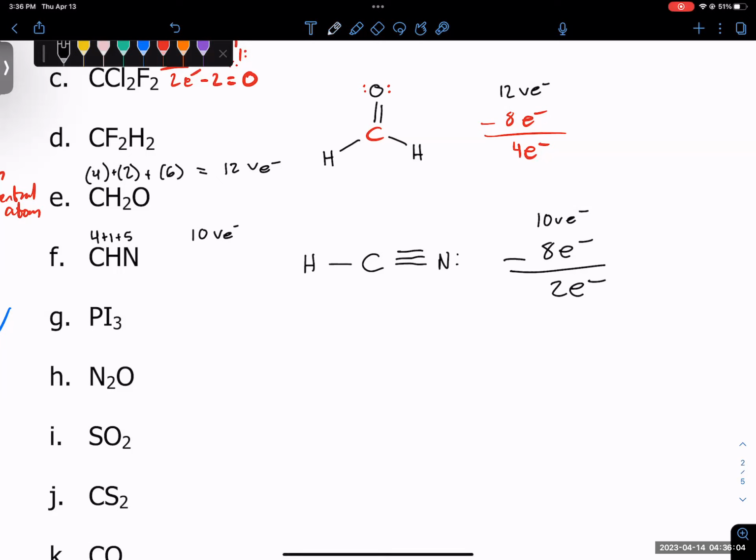Therefore, we would put these last 2 electrons onto that nitrogen atom, minus 2 electrons. So we're left over with 0 after that. So that's a perfect Lewis structure. That's 100 on an exam right there, if that was the only question on the exam.